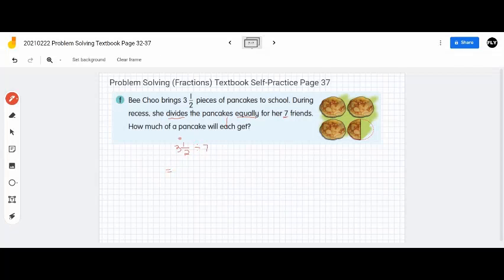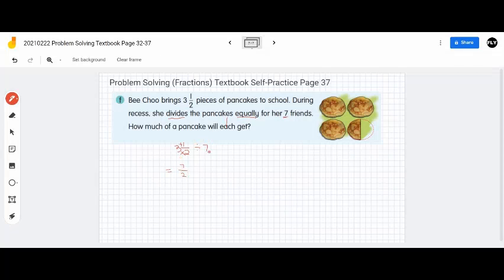Next, you have a mathematical sentence, so you can solve this problem. You have to change the mixed number to an improper fraction. So how to change it? 2 times 3, 6, plus 1, 7. 7 over 2.